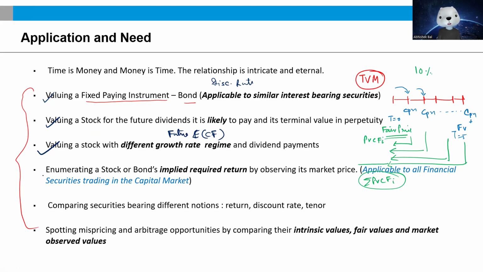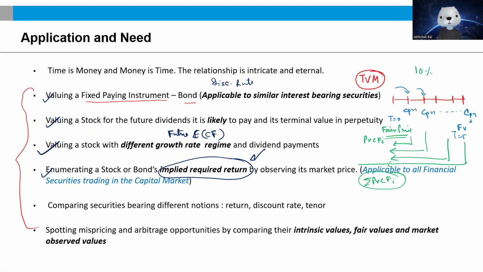We would also learn how this is intricately related to something known as the implied required rate of return for a given security. Some of the learnings here borrow heavily from the equity portion, or from derivatives, fixed income, and portfolio management as well. But that's what CFA is gradually moving towards.